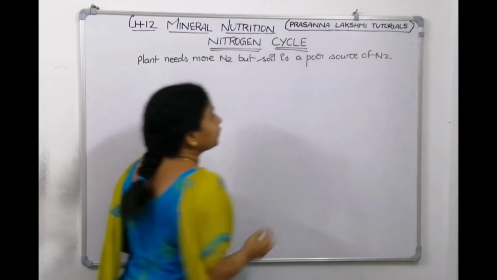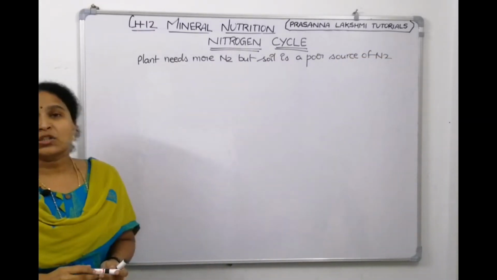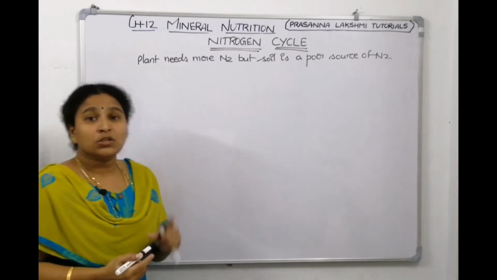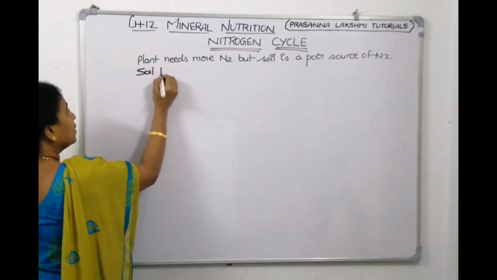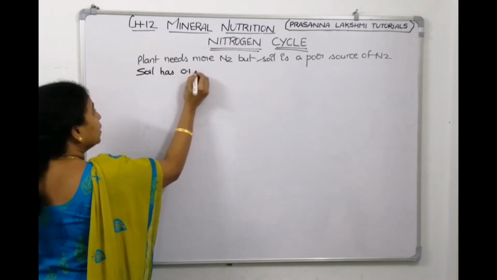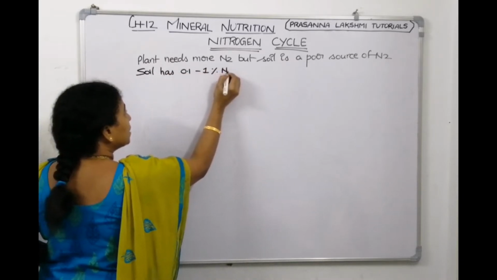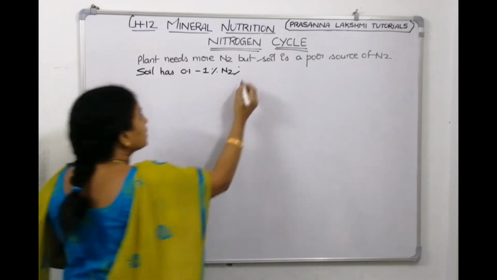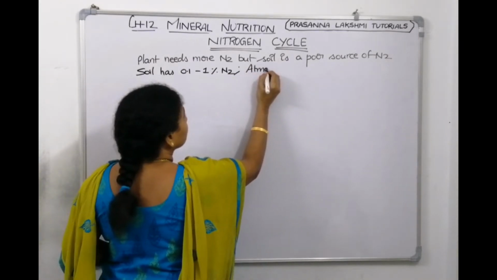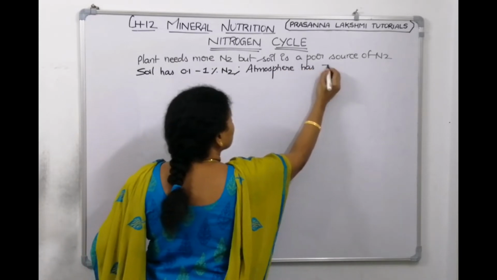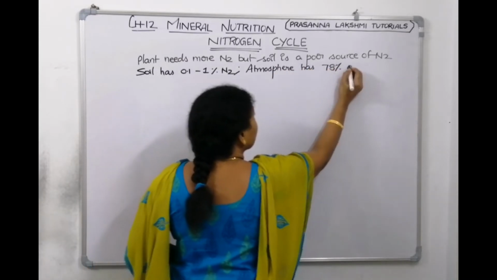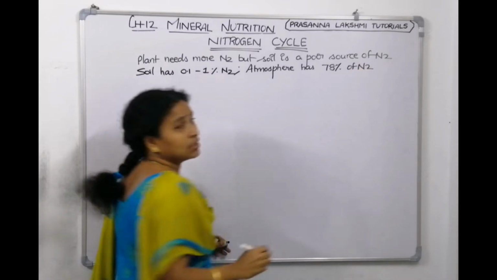Plants need too much nitrogen, but soil has only 0.1 to 1% nitrogen, whereas the atmosphere, how much percent of nitrogen does it have? The atmosphere has 78% of nitrogen.